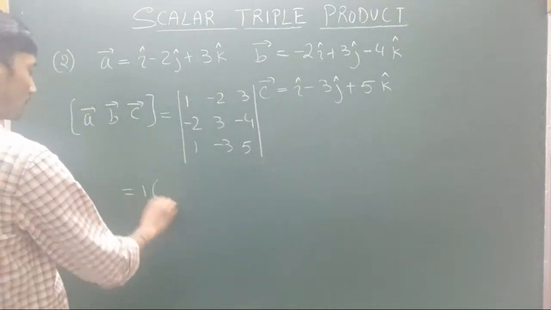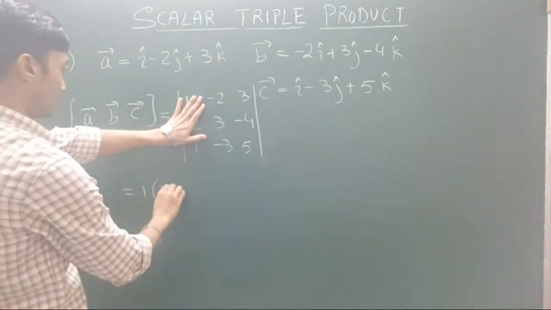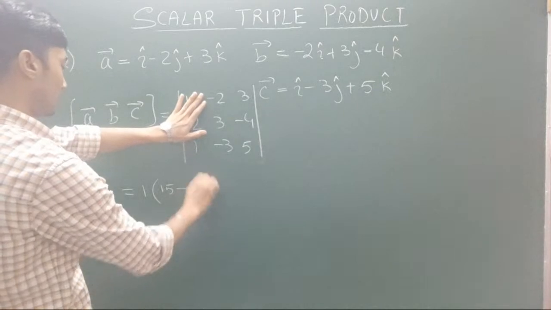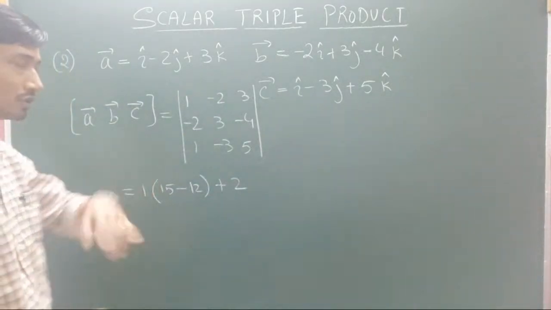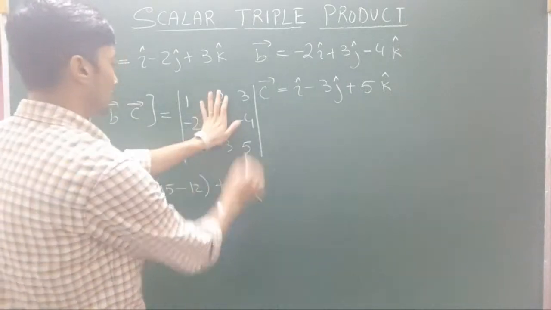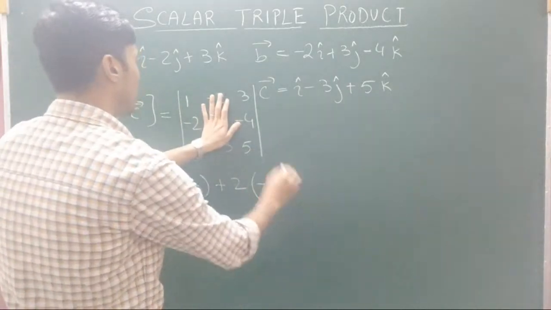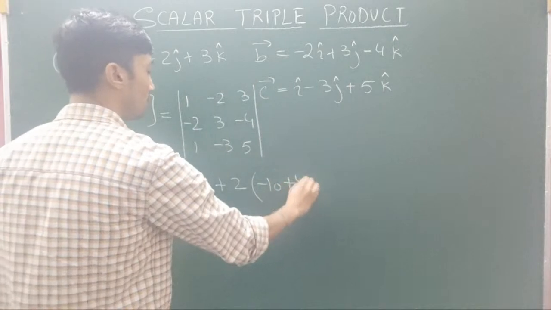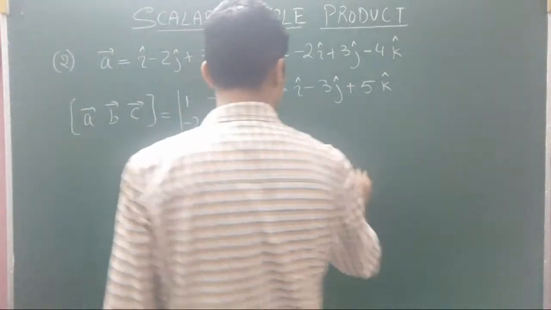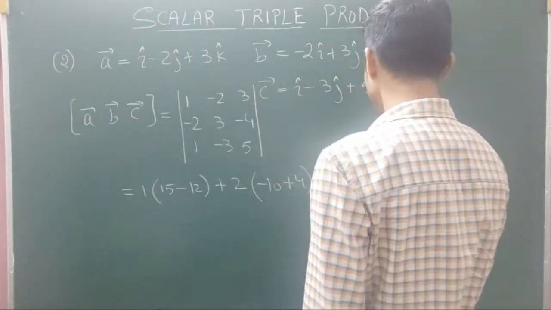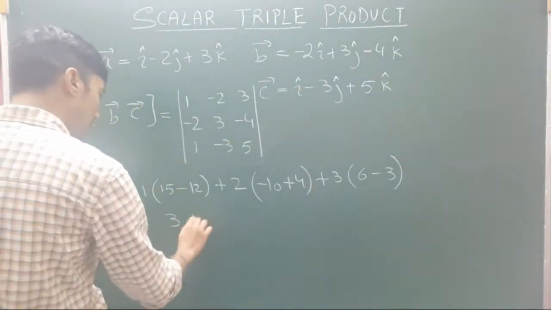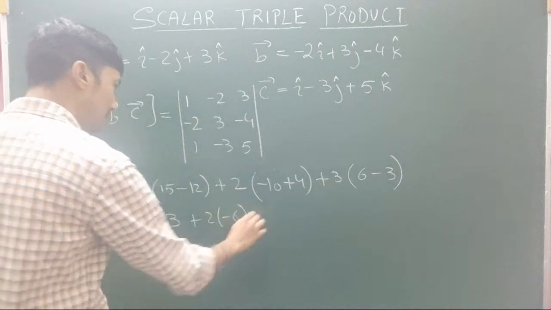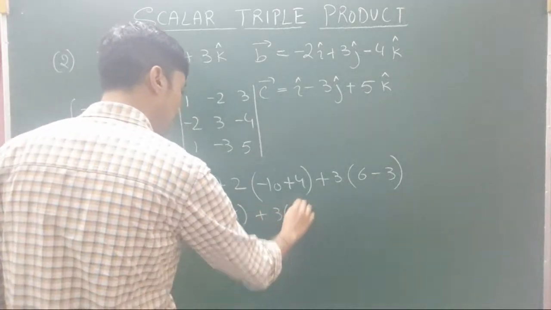So let's begin. 1 into 3 5s are 15, minus 4 3s are 12, minus 2. I'm going to write it directly now. Minus 2 plus 2, 5 2s are minus 10, minus 1 4s are 4, minus 4 plus 4. Plus 3 into 2 3s are 6, minus 3. So that's like 3 plus 2 into minus 6 plus 3 into 3.